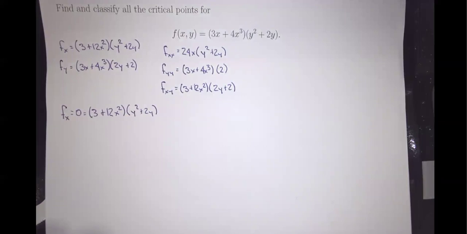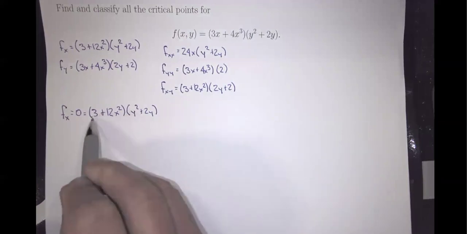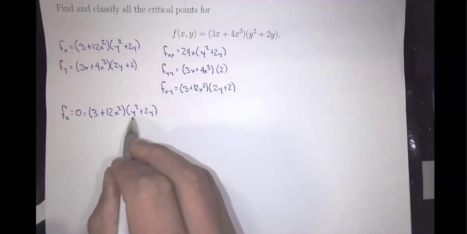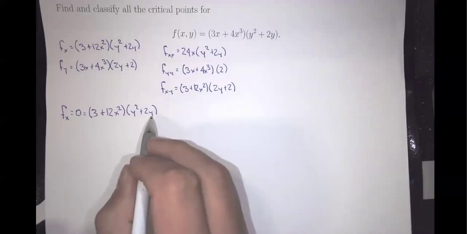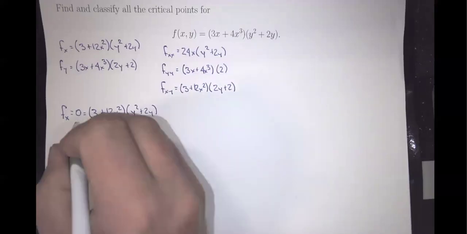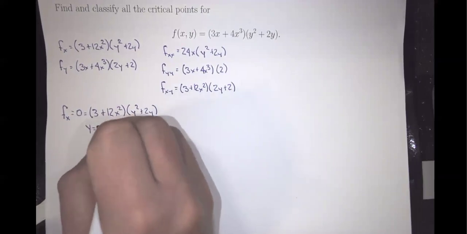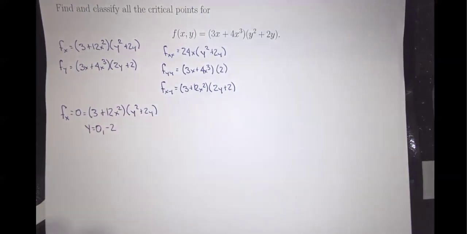Well, if we start here, we're going to find that this first term is always positive. And so here we're going to have y = 0 or y = -2.